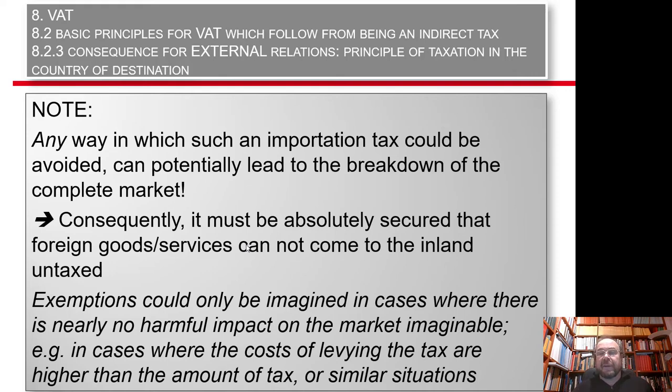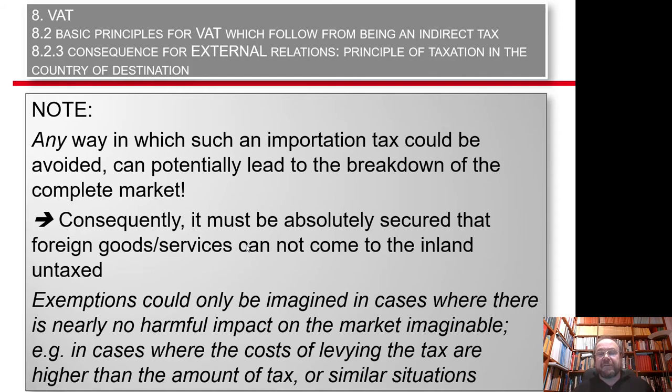So if somebody comes with a chewing gum and crosses the border, it's probably too bureaucratic, too expensive to tax the single chewing gum.